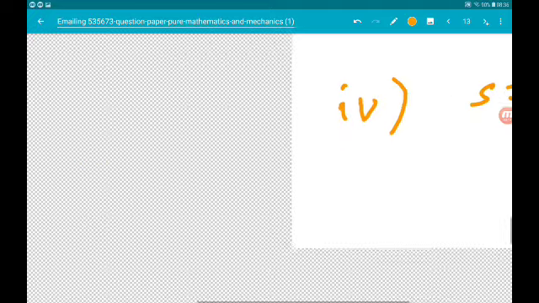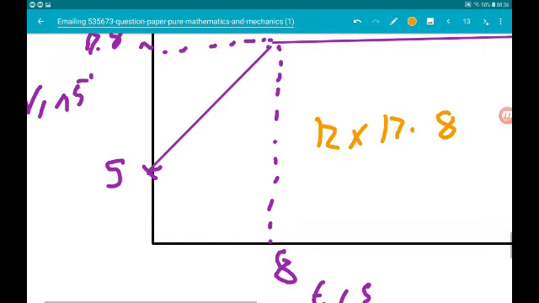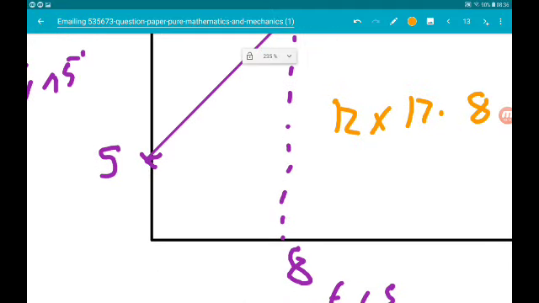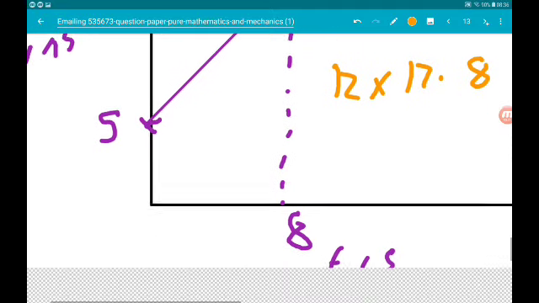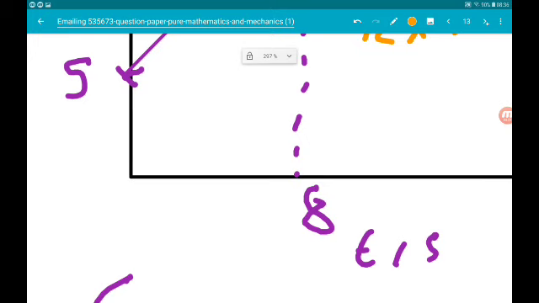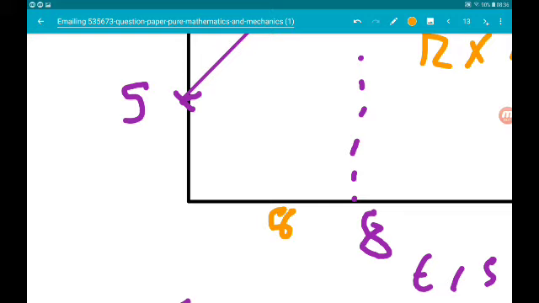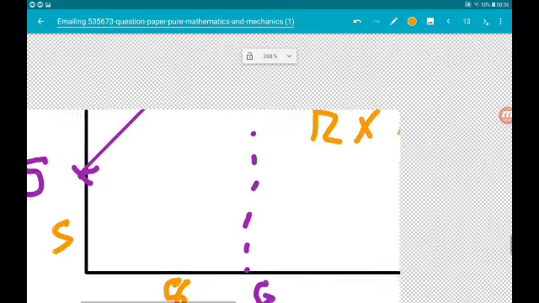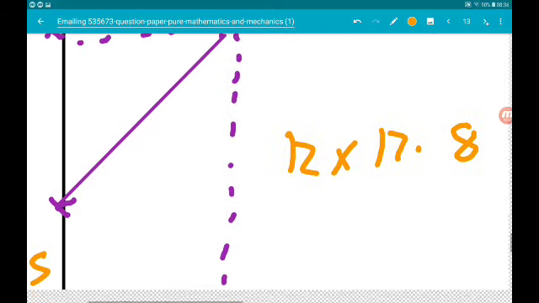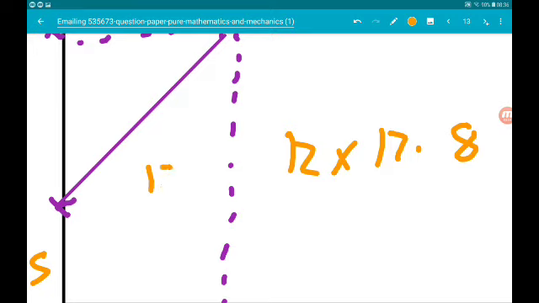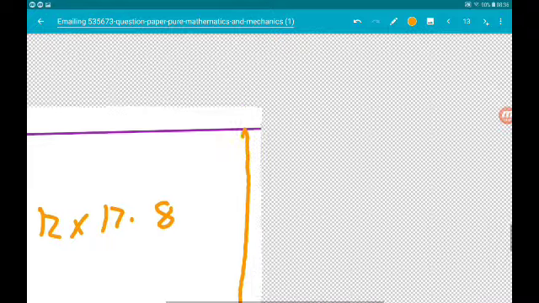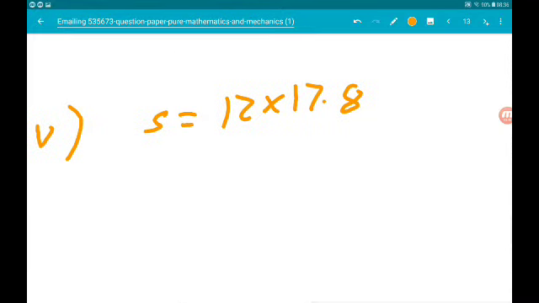and then for the first 8 seconds we have a trapezium. So for a trapezium we need to know the height, which here is 8, the top side just 5, and the bottom side, which is 17.8. So the area of that bit, remember for a trapezium it's height times a plus b all over 2.